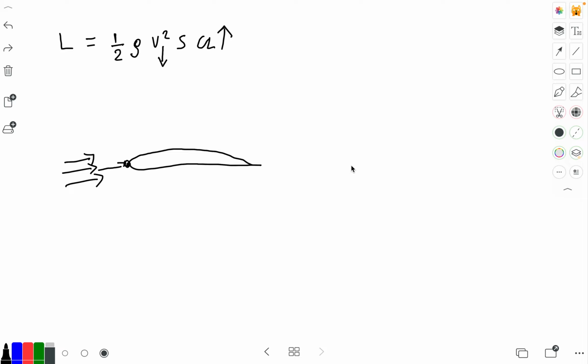So in slow flight our airfoil will be something like this, and now our stagnation point moves downward, because to increase our CL we have to increase our angle of attack.